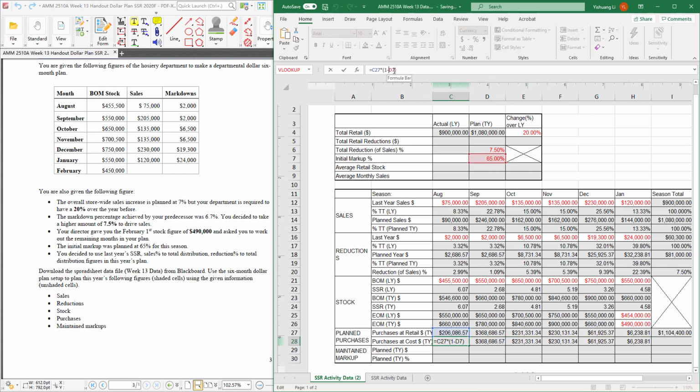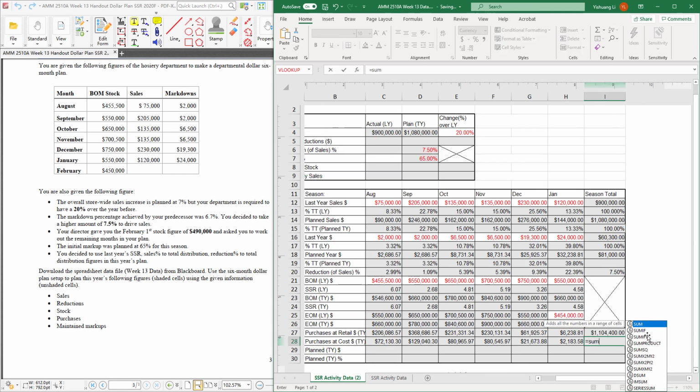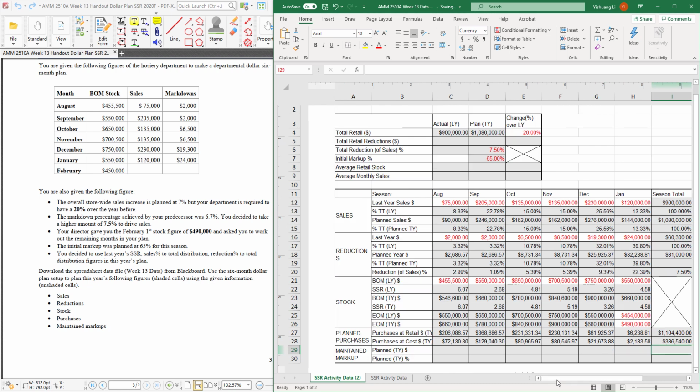What we need to do is to fix the cell and then drag along. Again, we are going to sum them up to get the season total.